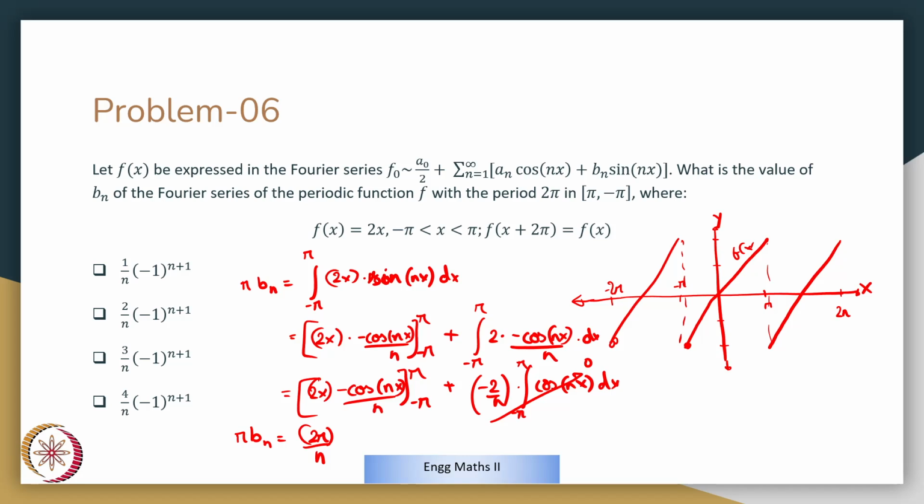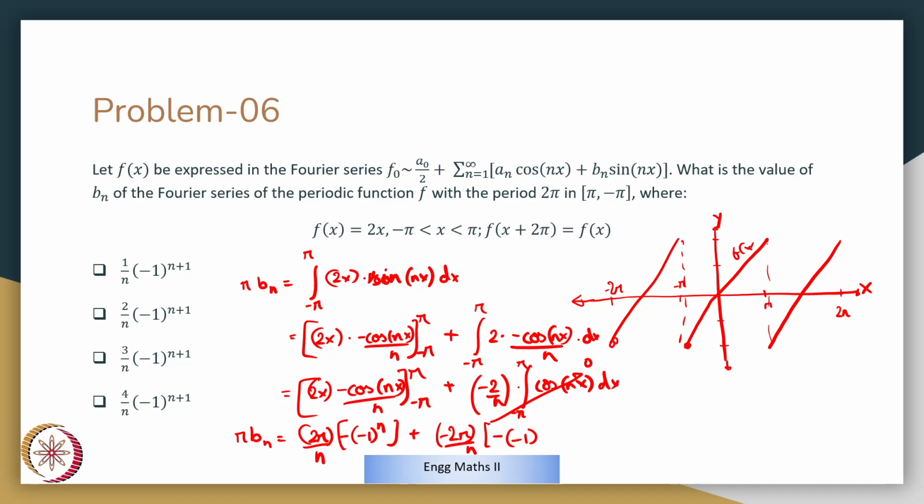So cos of n pi is nothing but minus 1 raised to n, plus minus 2 pi by n times minus of minus cos of minus n pi, nothing but cos of n pi.